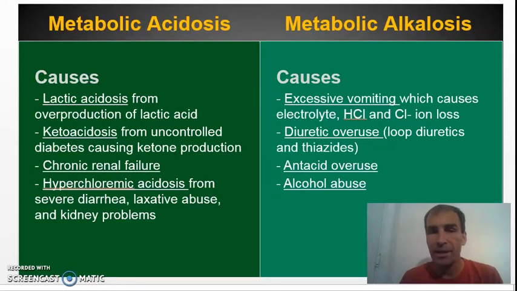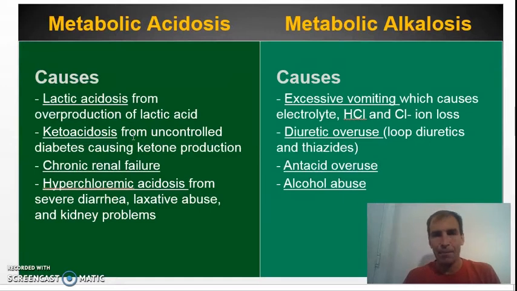When we talk about metabolic acidosis, a lot of things can cause this. One of the more common ones, at least one that we may be familiar with, is diabetes. In diabetes, when you have an inability to control insulin, one of the byproducts of that process is producing ketone bodies. We call it ketoacidosis, and that is one means by which pH would drop.